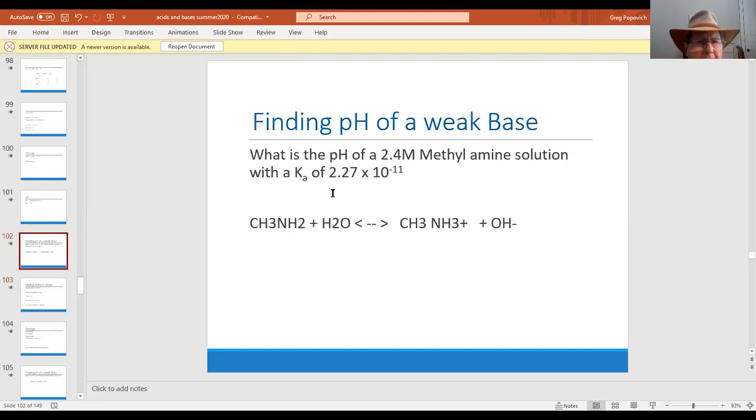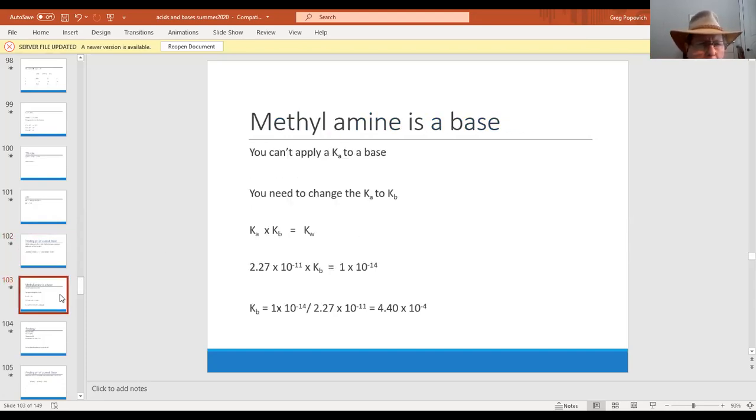I have my Ka. I multiply that by Kb. This is going to equal Kw, which is 1 times 10 to the minus 14th. I do that value out. I get a value of 4.40 times 10 to the minus 4th.